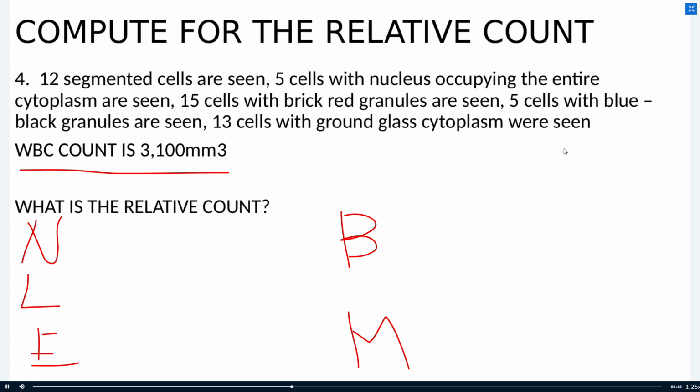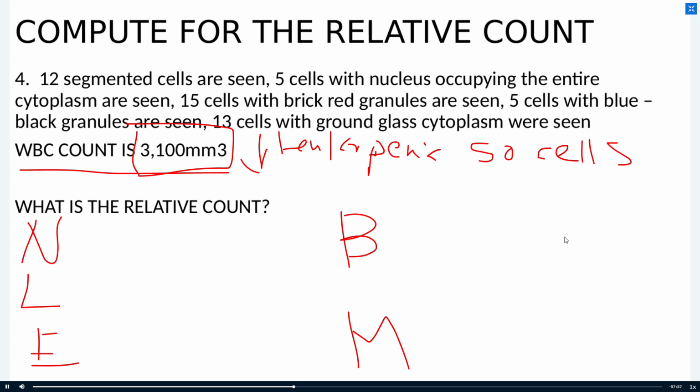Okay. So the answer for this class would be your WBC count is decrease. So there's leukopenia. So you're just going to count, you're going to differentiate 50 cells. So 12 plus 5, 17, 32 plus 3, 13, 45 plus 5, 50.